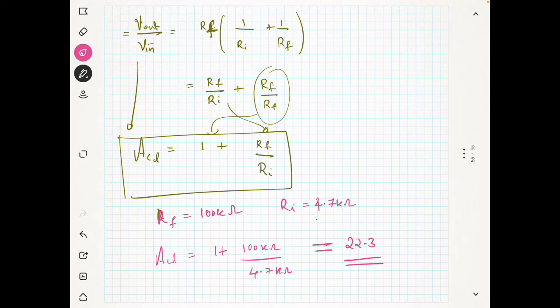Now we will see another op amp configuration, which is known as the inverting amplifier. So the procedure is almost the same as that of the non-inverting amplifier.